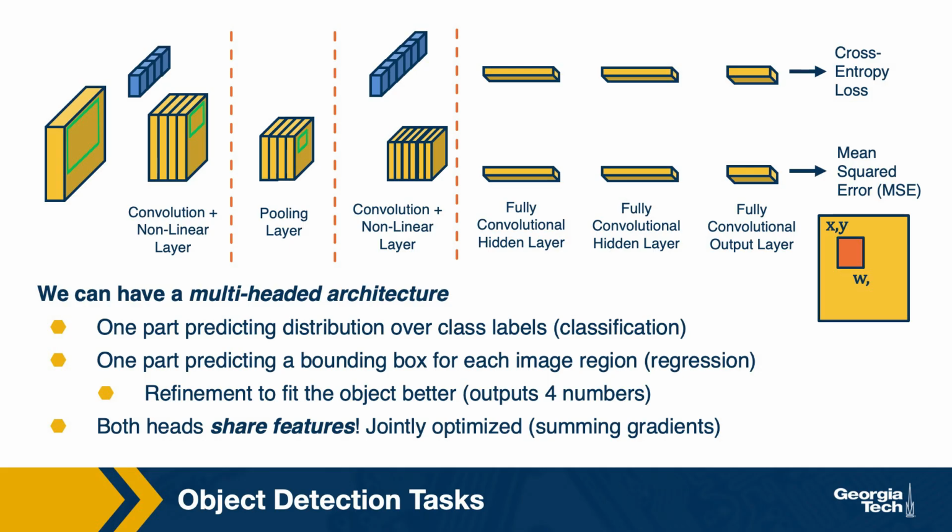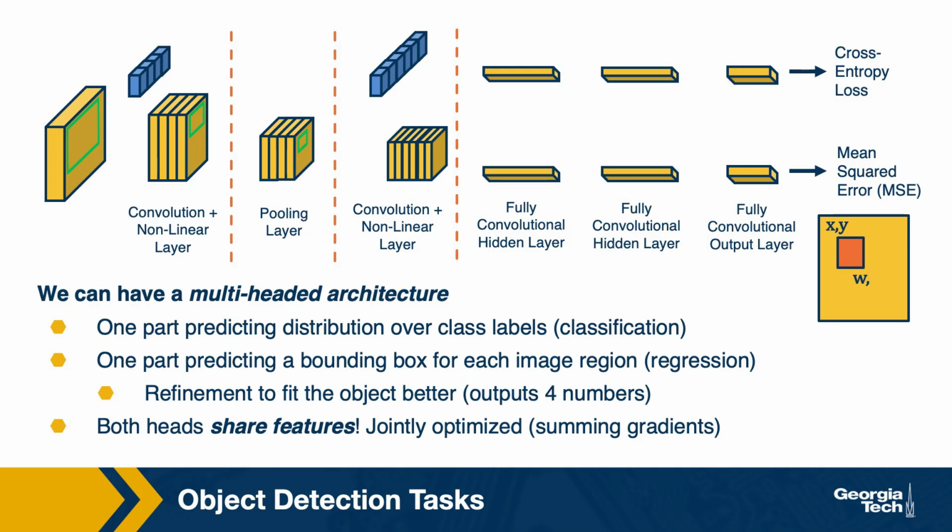And then we can have one part, which is another fully connected layer, or if we want to, we can convert it into a fully convolutional layer. And that part can predict, again, the class labels. But we can have another branch of the network that takes the same feature maps and has a new set of fully convolutional layers. And here we're predicting as a regression problem the 4 numbers, x, y, width, and height.